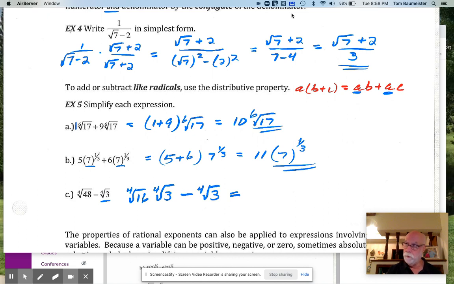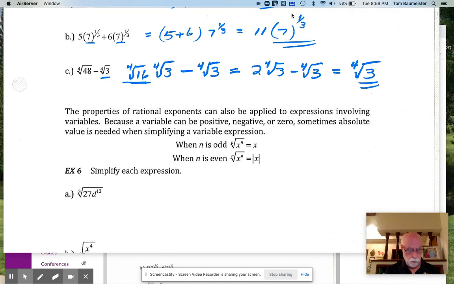Okay, so 2 times 2 is 4, times 2 is 8, times 2 is 16. So we can write that the fourth root of 16 is 2. So I have 2 times the fourth root of 3 minus 1 times the fourth root of 3. And on that one there, we could just write it as the fourth root of 3. Okay.